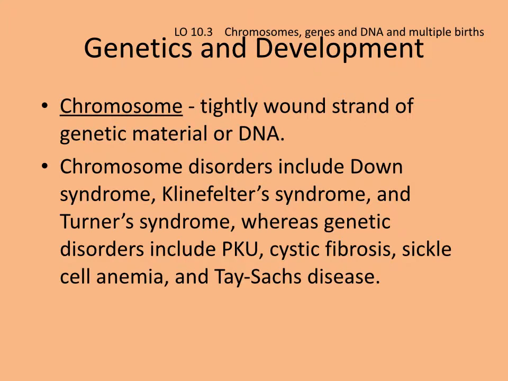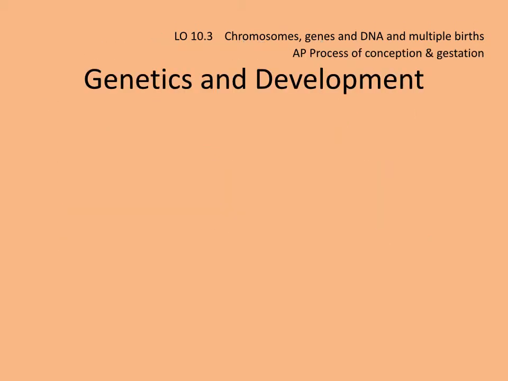Chromosome disorders include Down syndrome, Klinefelter's, and Turner's, and genetic disorders include PKU, cystic fibrosis, sickle cell anemia, and Tay-Sachs disease. All of these disorders are inherited. They are passed down and given to you from your parents.